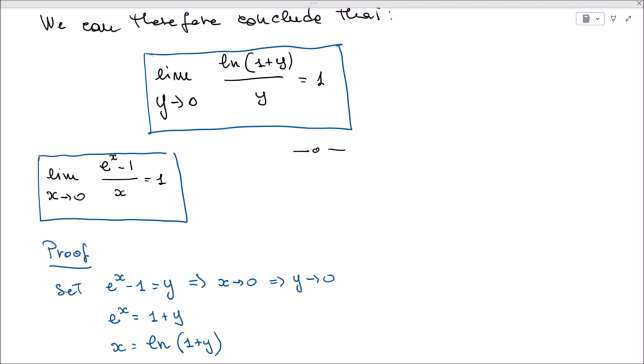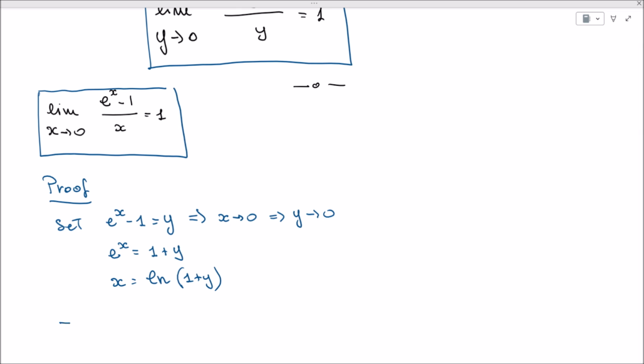I think you see what I'm trying to get from this manipulation, because in fact now we can rewrite the limit as y goes to 0 of, well, instead of e to the x minus 1 I will put y, and instead of x I will just put logarithm of 1 plus y. But this, because of the previous limit, we know that this is going to be 1. So this concludes the proof.